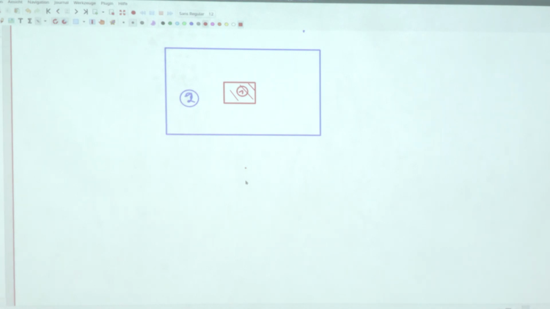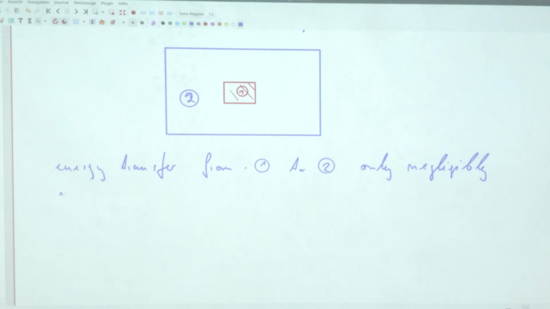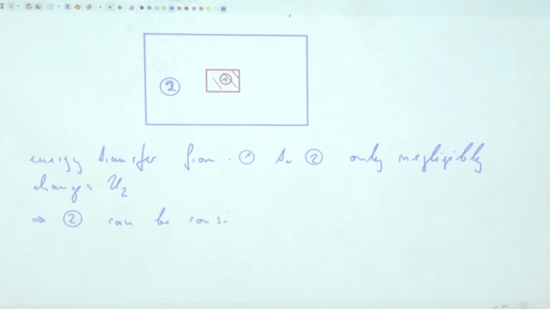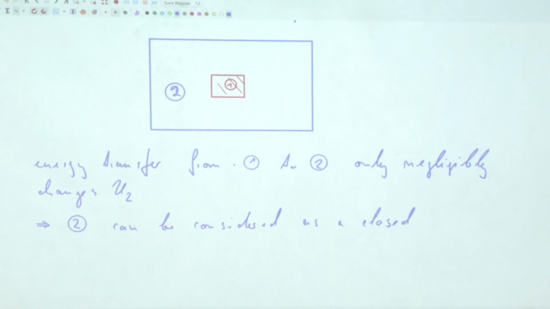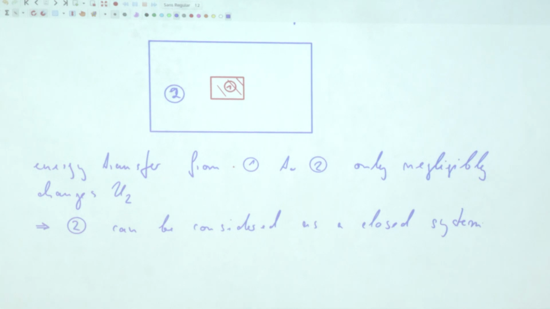So we can treat this big system. Also, maybe I should make this little note here, which, if we reach equilibrium, goes to a constant entropy, to a maximum of entropy.